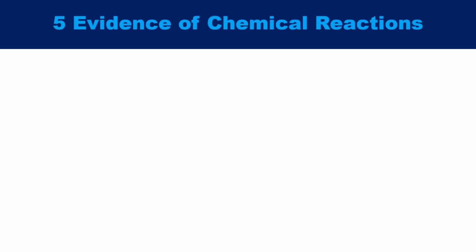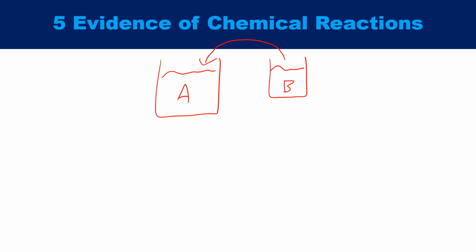For example, if I have a chemical A and there is chemical B, order doesn't matter, imagine you're mixing A and B. In the previous one the color changed, but for this type, you may see some kind of solid formation, which I like to call precipitation. That is evidence of chemical reaction number 2.